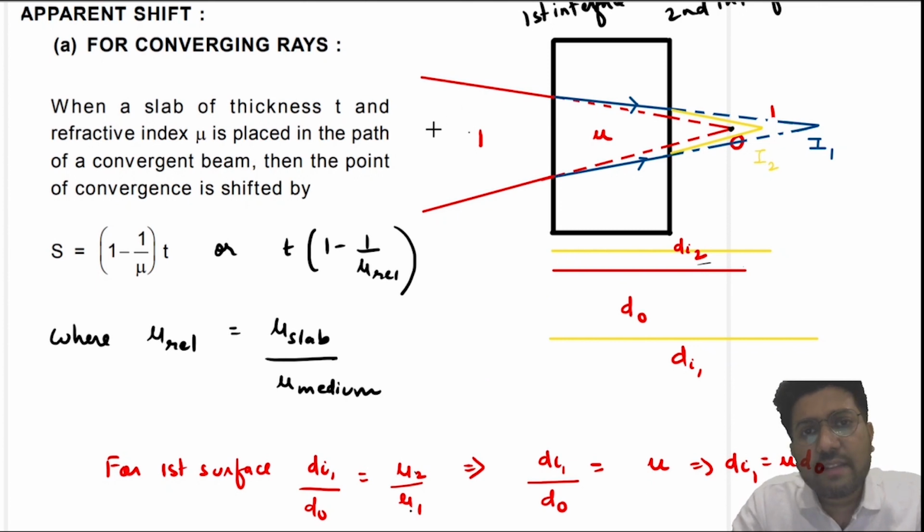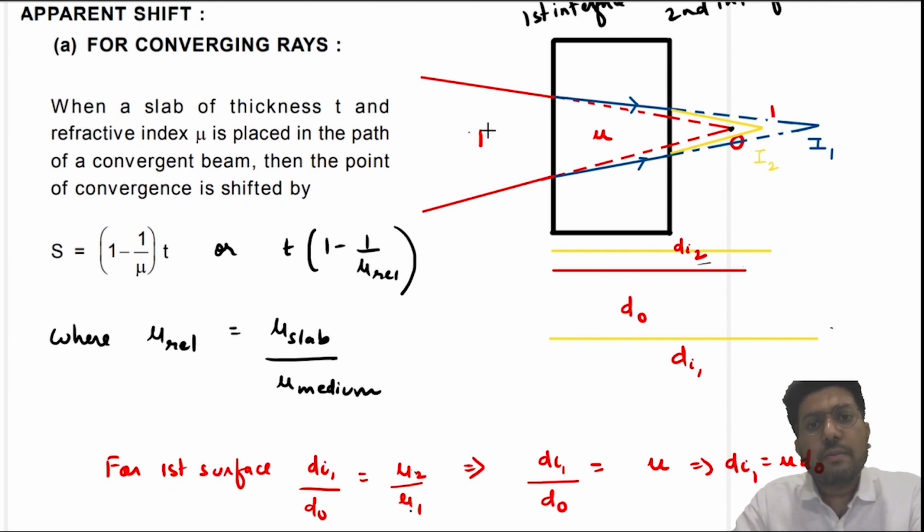Now light is traveling from this to this, so this is the incident side. This is mu1, this is mu2, so mu2 is mu, and mu1 is 1. So from this you get di1 is equal to mu do. Once you get di1 equal to mu times do, see, di1 is greater than do.